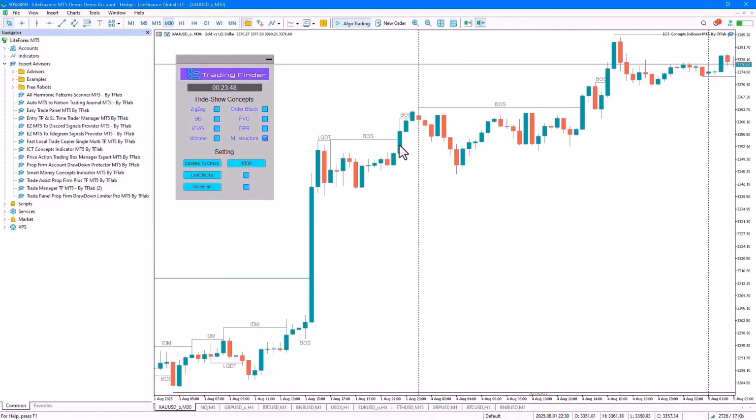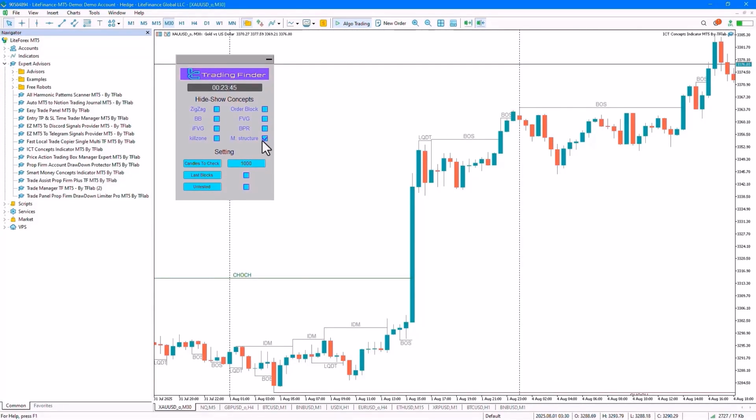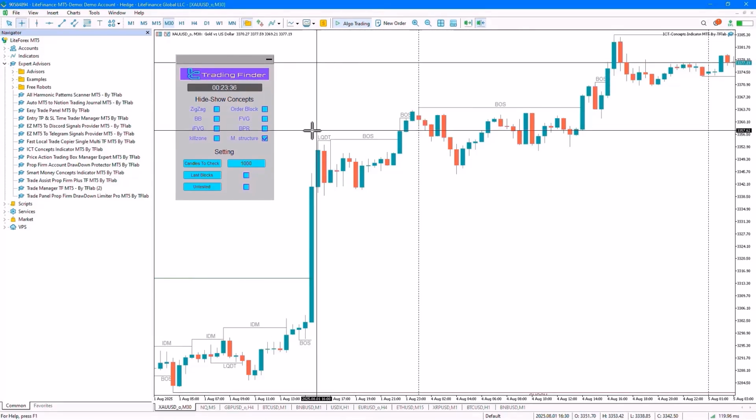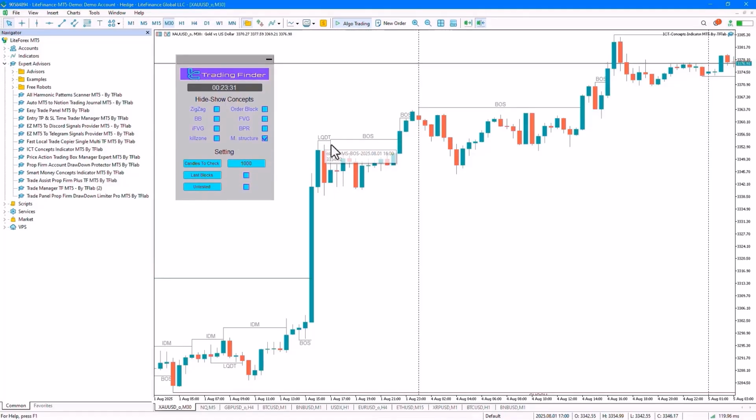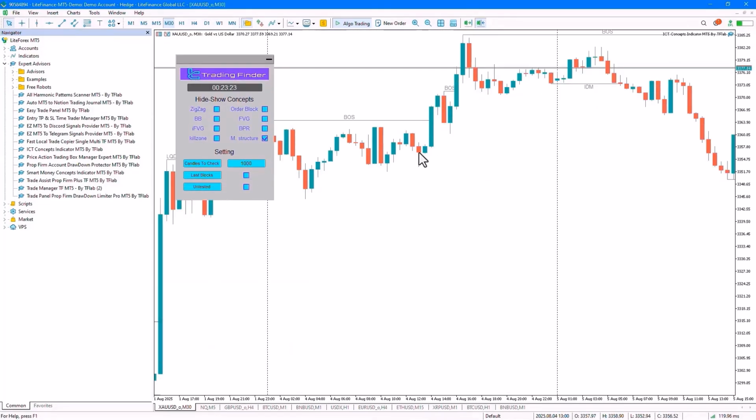Also, if you enable the comprehensive market structure option, the indicator will start identifying liquidity and inducement levels directly on the price chart, providing valuable insights. Here we can see that a liquidity level has been identified for us, and the price with this move collected liquidity here, touched the stop loss levels, and then continued its upward trend.